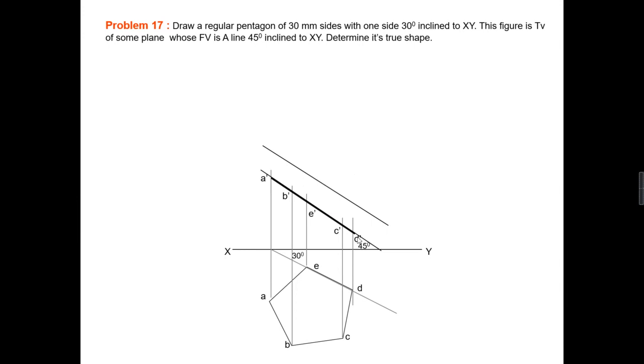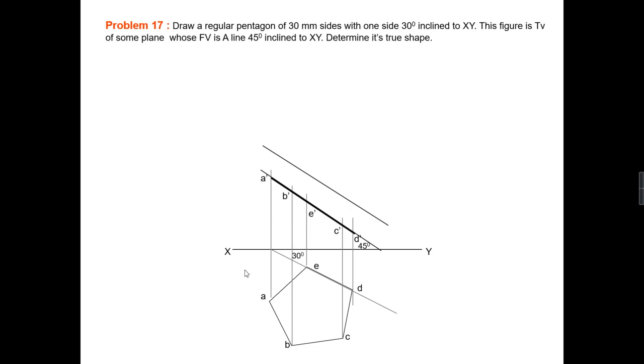This is again your front view, and we are now drawing the top view of the plane. To draw the top view of the points, we can measure the distance of the points from the XY line. The points of the pentagon have some distance from the XY line in the top view, and the distance is not changed because it was only inclined to the horizontal plane, right?